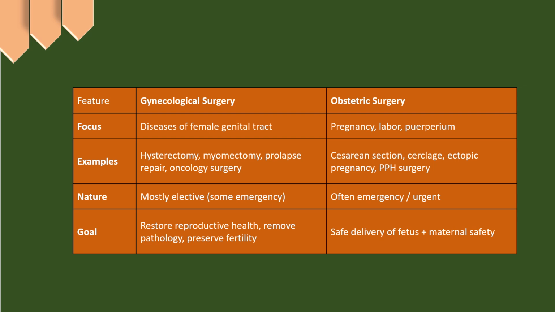For example, hysterectomy, myomectomy, prolapse repair, and oncological surgeries are all gynecological surgeries. Meanwhile, obstetric surgeries include cesarean section, cerclage, ectopic pregnancy, and PPH. The nature of gynecological surgery is mostly elective, but the nature of obstetric surgery is emergency and urgency. The goal of gynecological surgery is to restore reproductive health, and the goal of obstetric surgery is the safe delivery of the fetus and maternal safety.